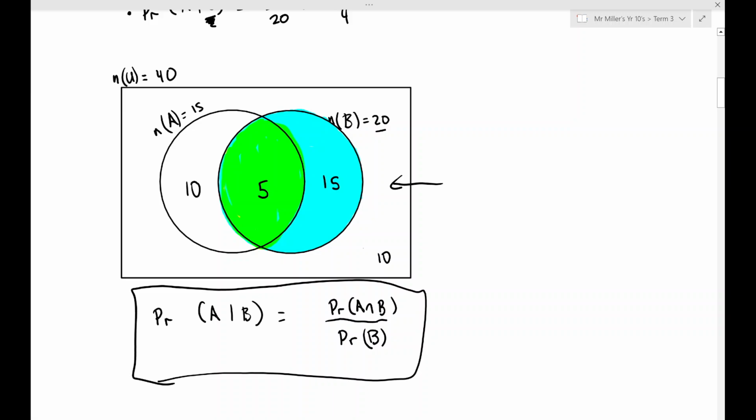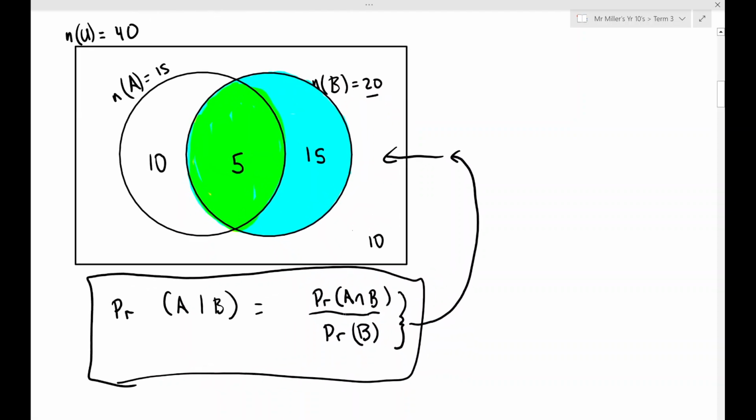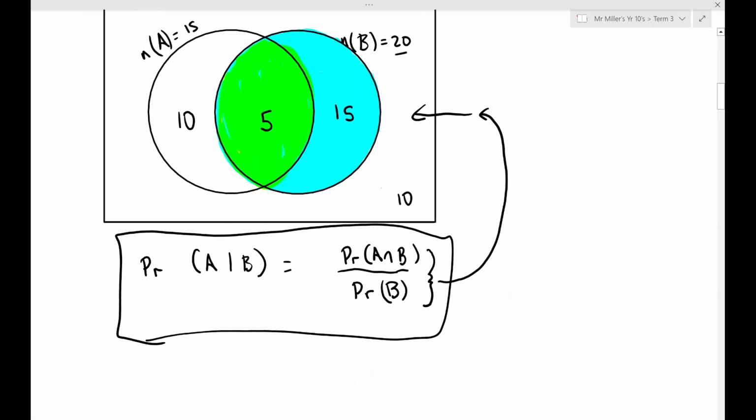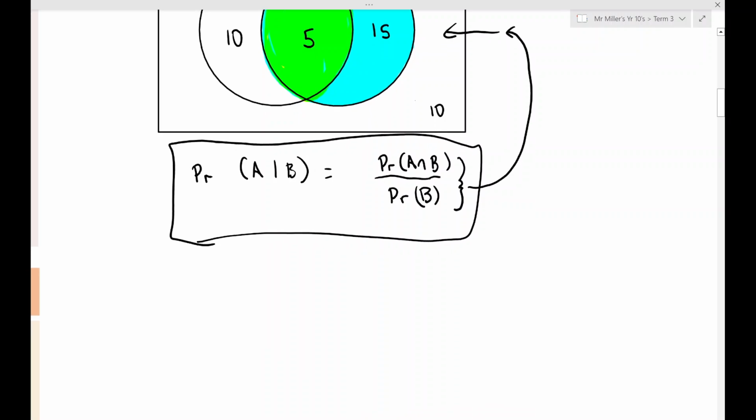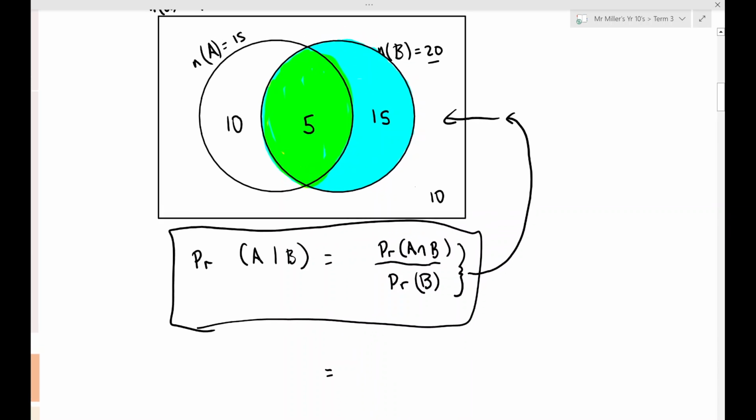If you can relate this expression back to this diagram, that's exactly what I'm trying to say here. What I shaded in on this Venn diagram is the intersection over set B. And to express this in a different way, this is a ratio: the probability of this intersection to the probability of this set.